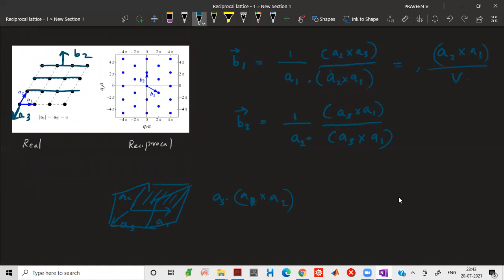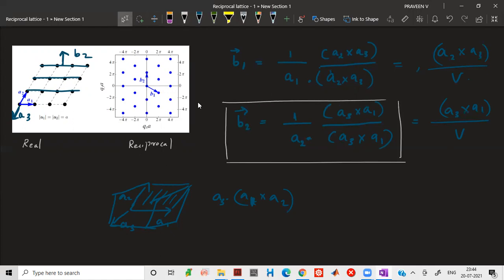This is the volume of the unit cell. Okay. So the only important thing that you have to understand is, how did we get this equation? We consider the separation vector is A2, so the diffraction spots will be separated inversely to the separation vector, 1 by A2, and it should be perpendicular to both A1 and A3.